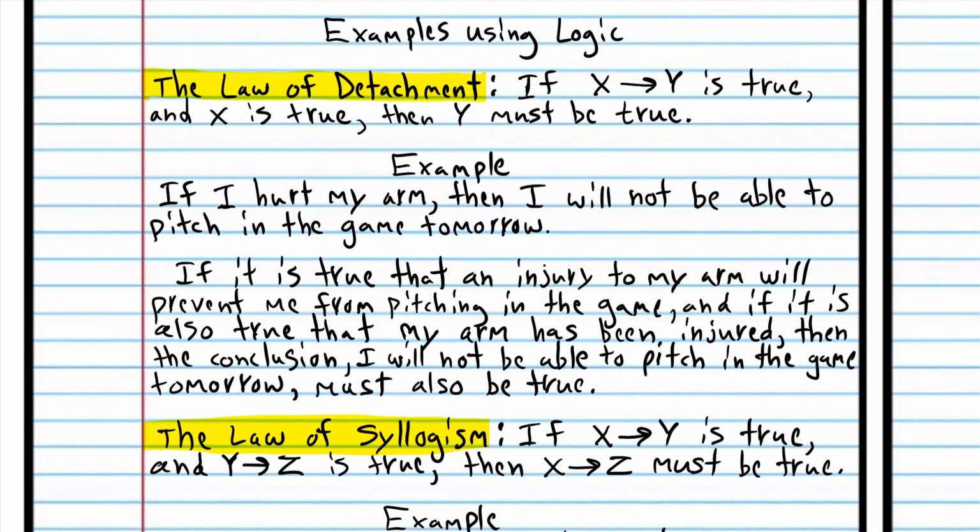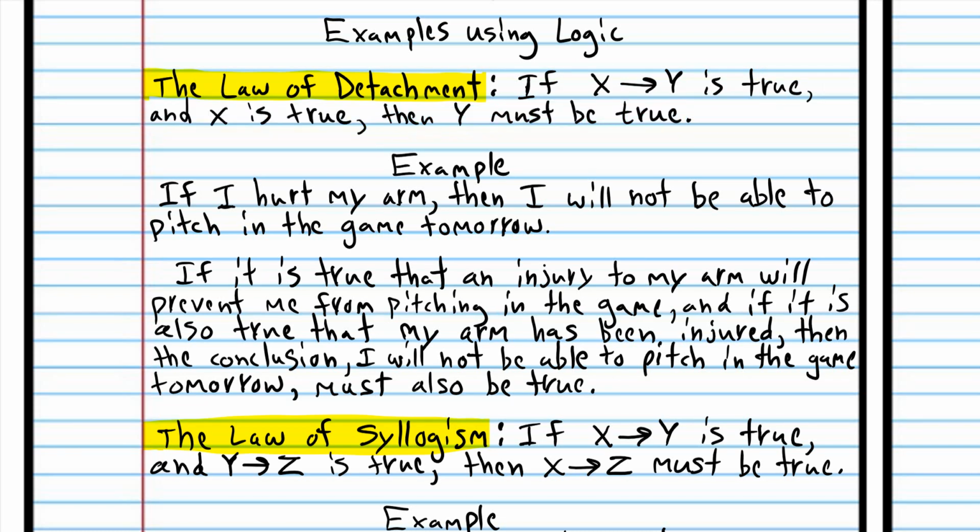That's true. So if it is true that an injury to my arm will prevent me from playing the game, and it's also true that I hurt my arm, that my arm has been injured, and that's this part, if the hypothesis is also true, then the conclusion must be true.